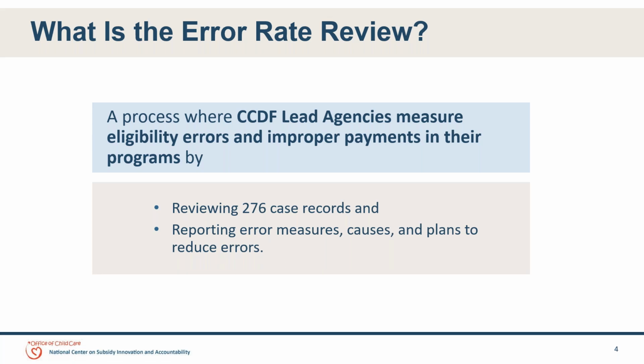And this is done through reviewing a random sample of 276 case records to see if there are any eligibility errors. And then you'll report on your findings, including the causes of your errors and improper payments, and your plans to reduce future errors.